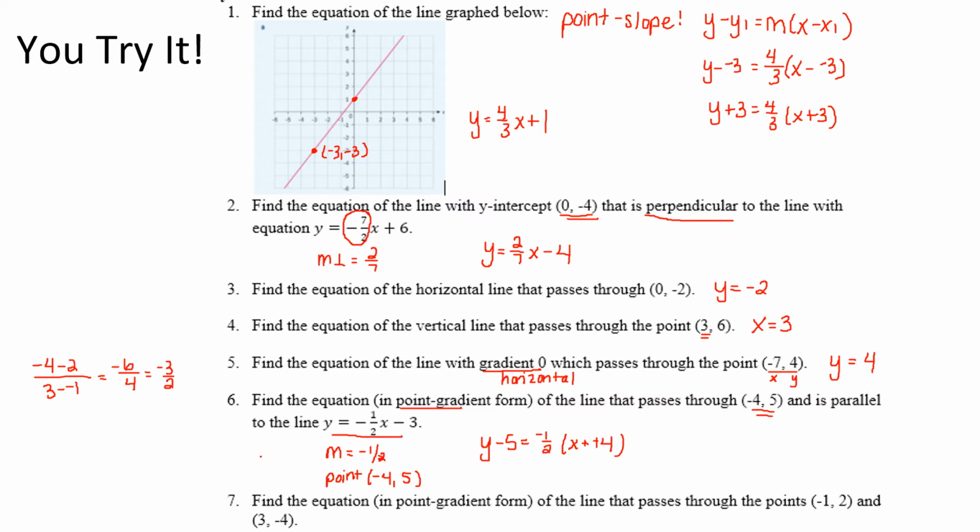Now I can pick either one of these points for my equation. I'm going to use (-1, 2). You can totally choose the other. So my equation here is y - 2 = m(x - x1), and there's my equation.